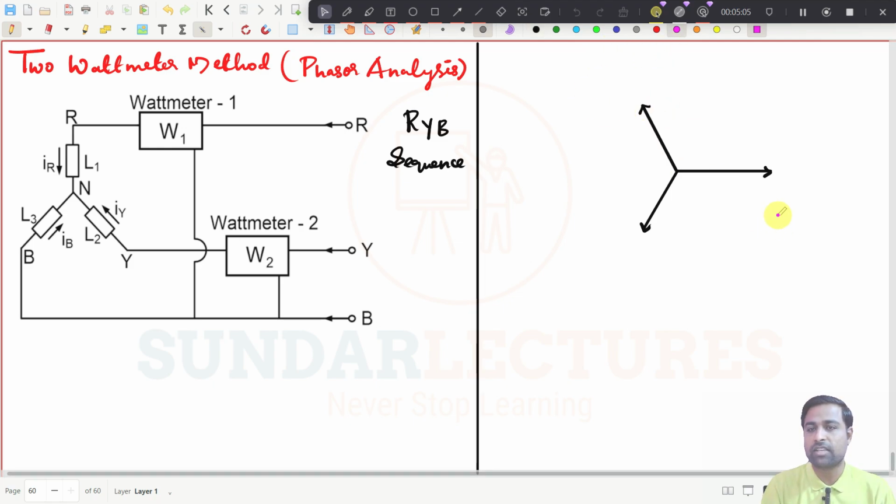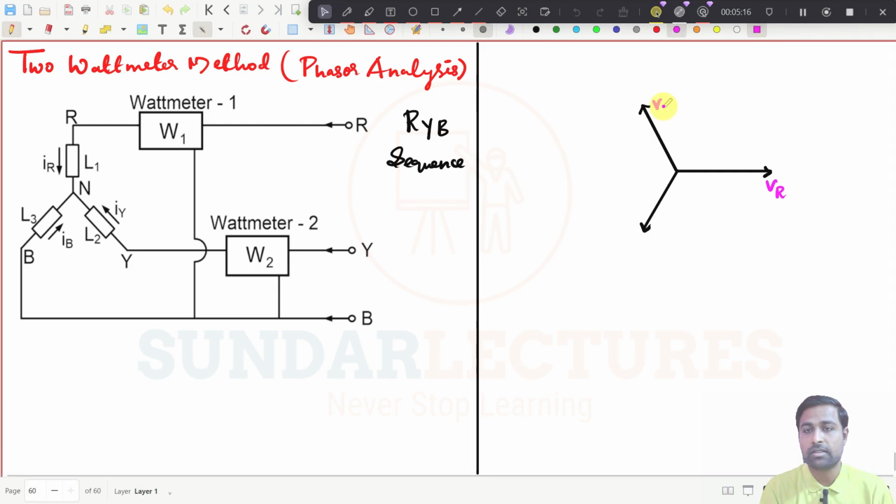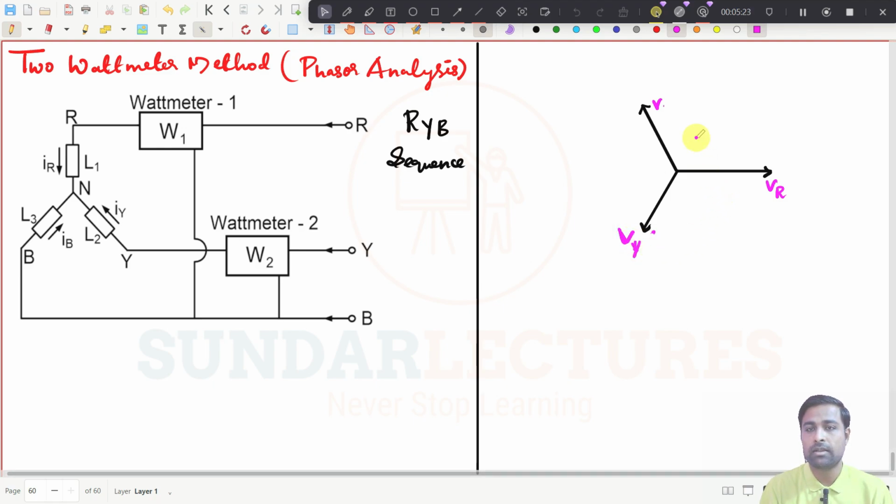We know these kind of things, right? Phase voltages VR, VY and VB.